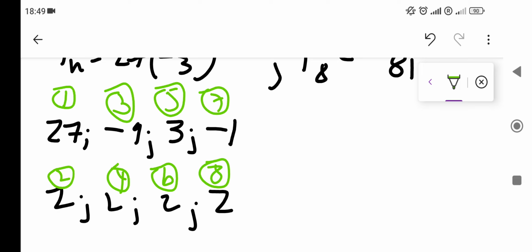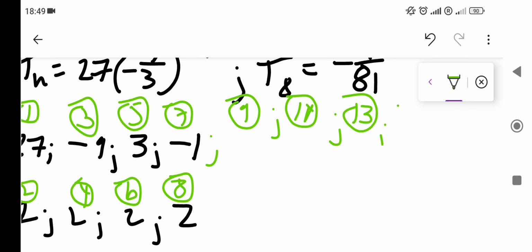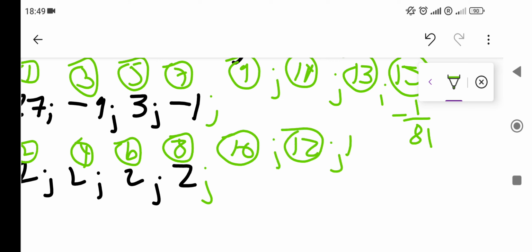And if we continue this up until term 9, 10, well, this will be 11, this will be 13, and as we've said, 15, and we already found the value of the 15th one, which is going to be negative 1 over 81, and over here would be term 10, term 12, term 14.